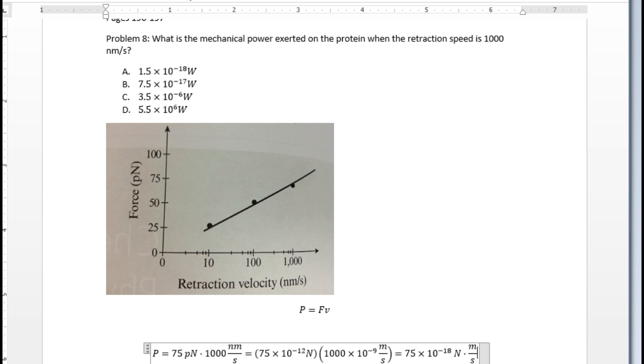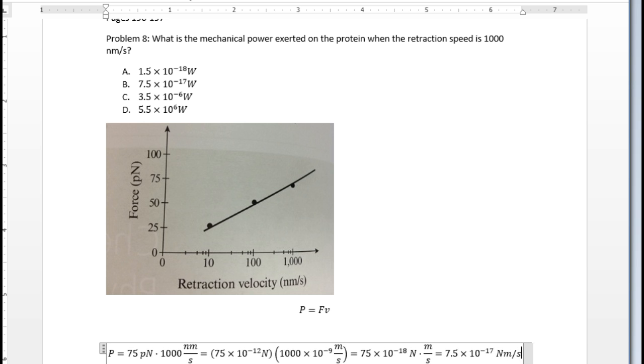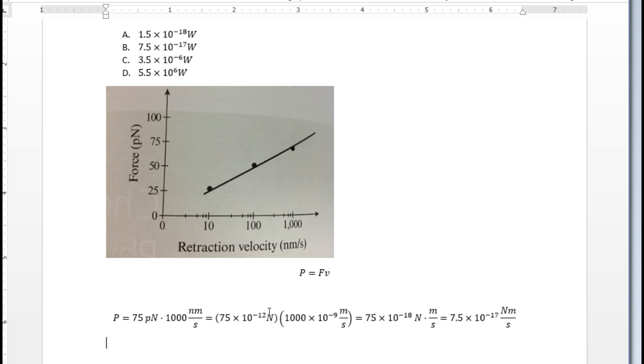Okay, and let's just give ourselves a decimal point. 7.5 times 10 to the minus 17, right? And then that's newton meter per second. Now, a newton meter is a joule, right? A newton meter is a joule. So our power is 7.5 times 10 to the minus 17 joules per second.